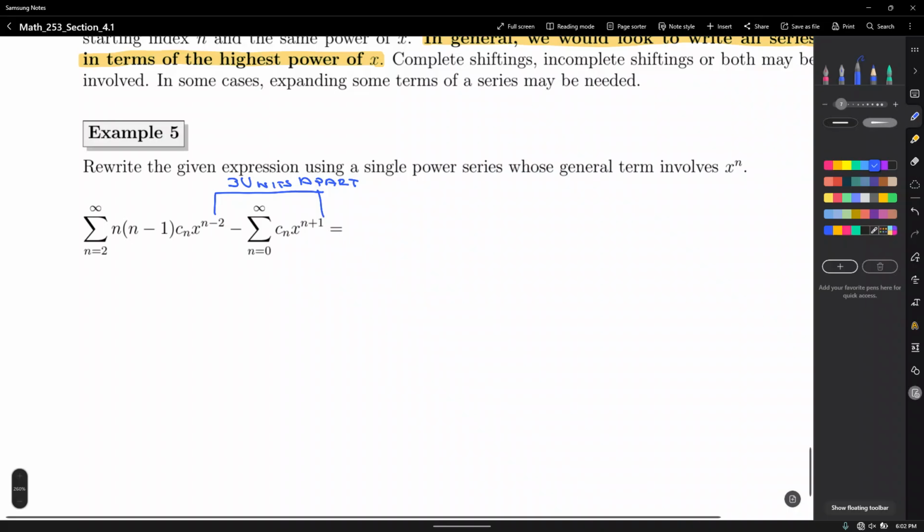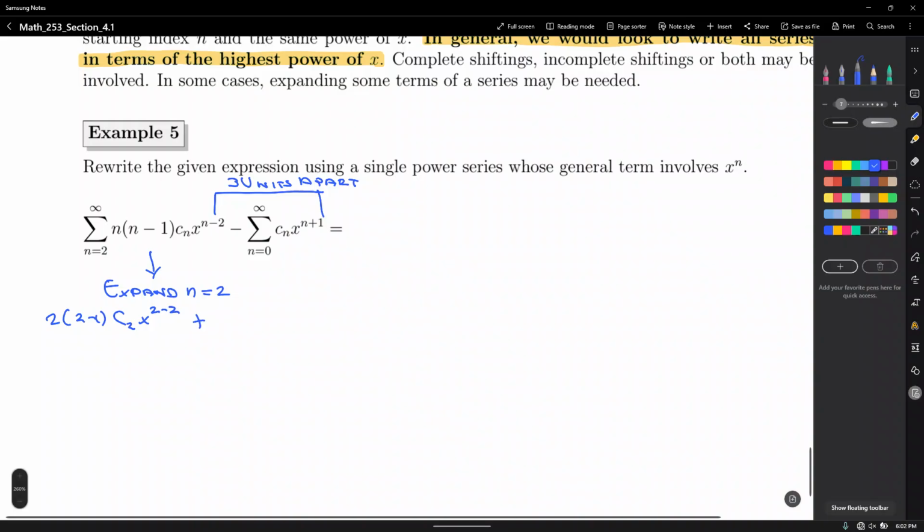Well, let's make the wish come true. How about we expand n equals 2? That'll be 2 times 2 minus 1, c sub 2, x to the 2 minus 2, plus, what would be the next term? Wouldn't that be n equals 3, and then n equals 4, and then n equals 5, and so on and so forth? You guys agree with this?